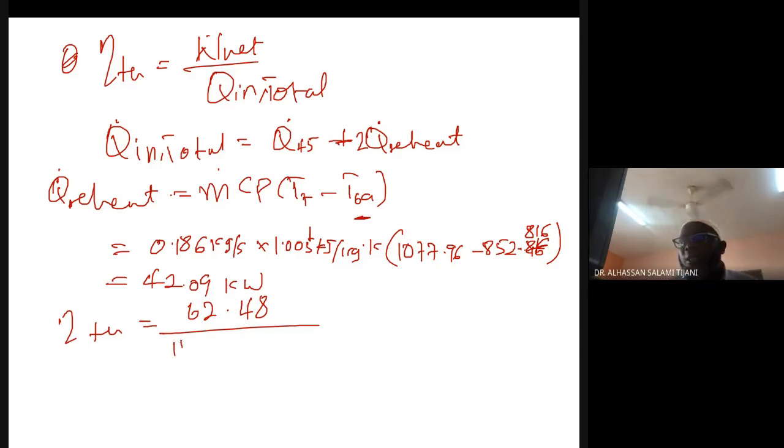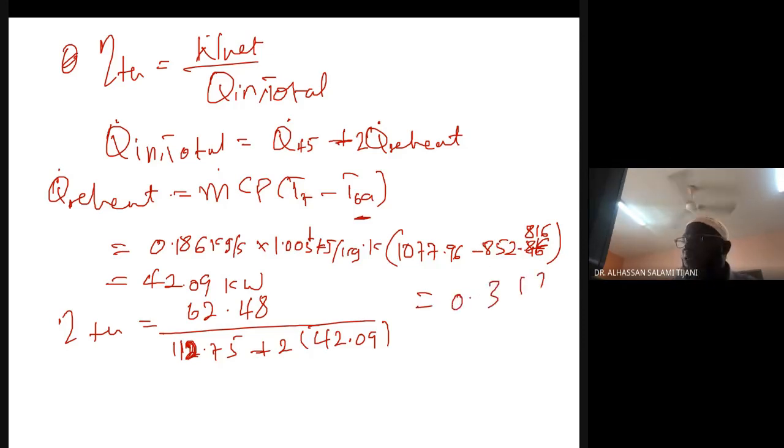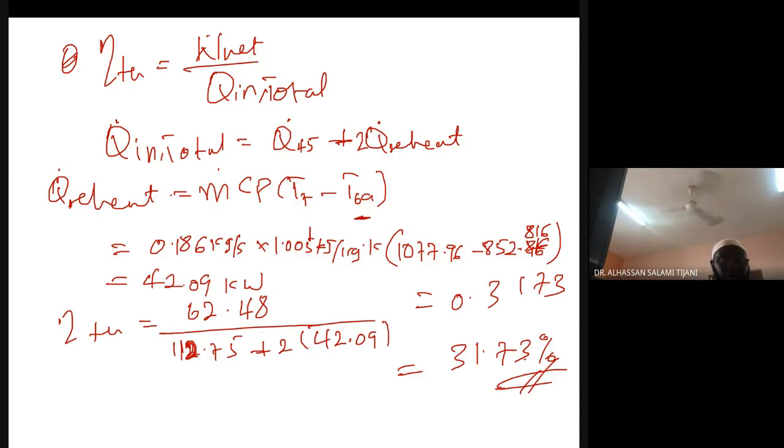So we have 112.75 plus 2 times 42.09. Okay, so if you calculate this carefully, you get 0.3173, which is approximately 31.73%. Okay, so this is the end to this particular question.